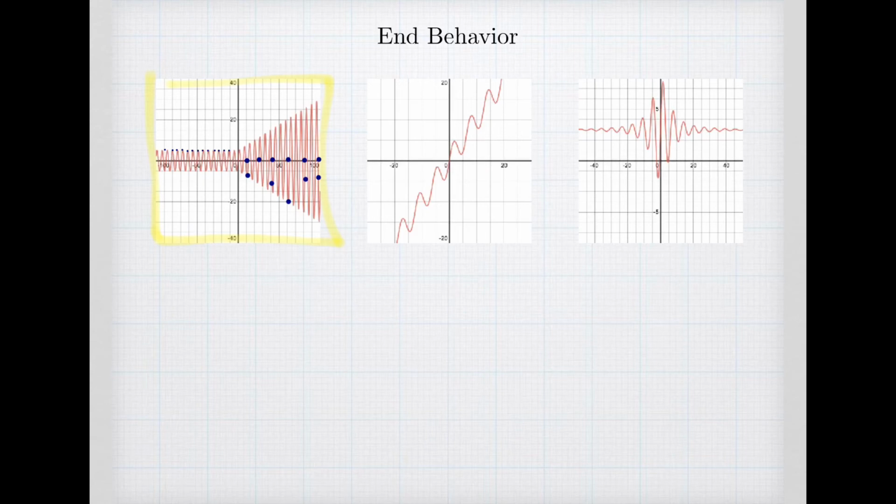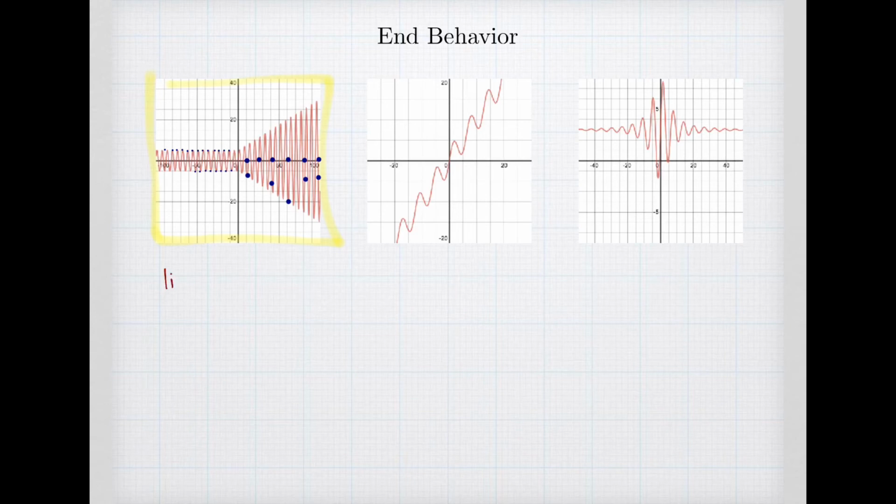If I picked my sequence instead to be always choosing the valleys, this time my limit would be -5. And a limit can't have multiple values. So if you can create different sequences that have different limits, we say that the limit doesn't exist. And so this oscillation is a classic example where we say the limit does not exist.